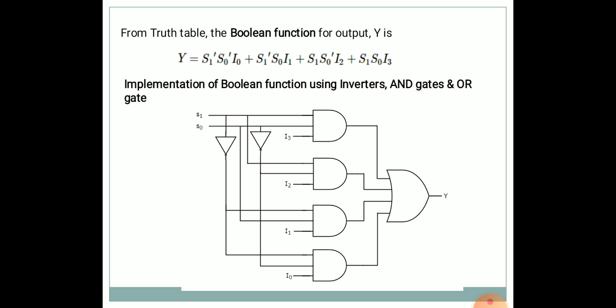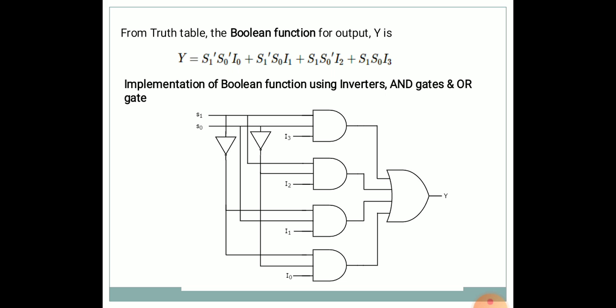So from the truth table, the Boolean function for this output could be written as Y equal to S1 dash, that is the inversion of S1, meaning the S1 value is 0, and S0 dash also denotes that the value here is 0. So S1 dash S0 dash I0 is the first output.